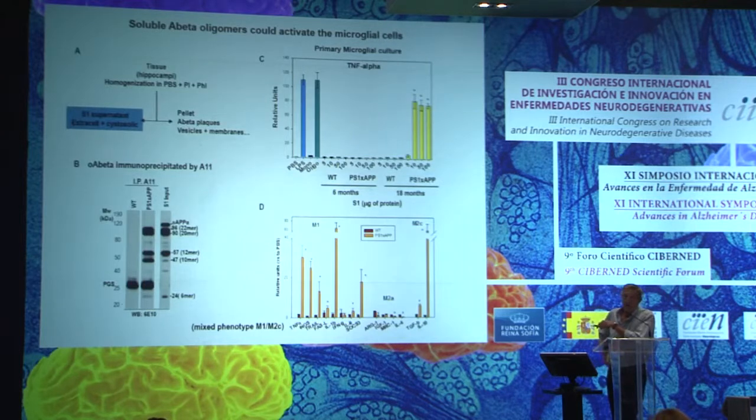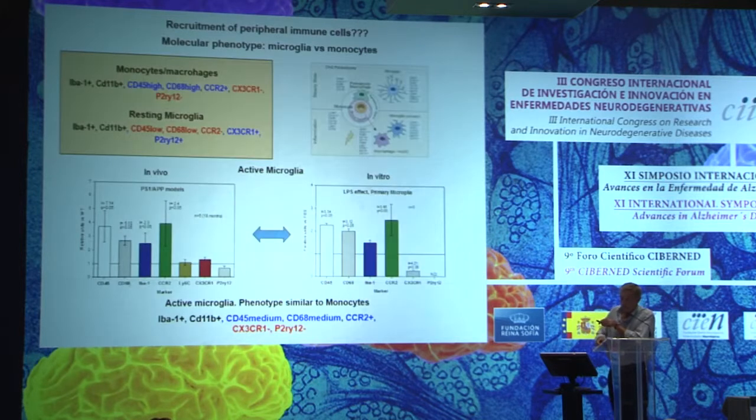This pro-inflammatory phenotype of the microglial cells could be due to the recruitment of monocytes or macrophages from the periphery. Indeed, it is very hard to distinguish from the molecular or morphological point of view between a monocyte and a microglia.